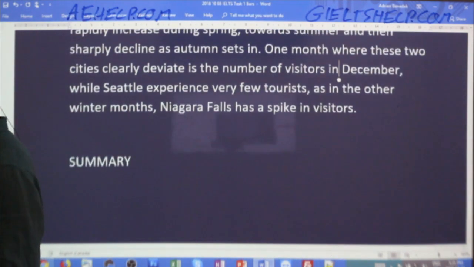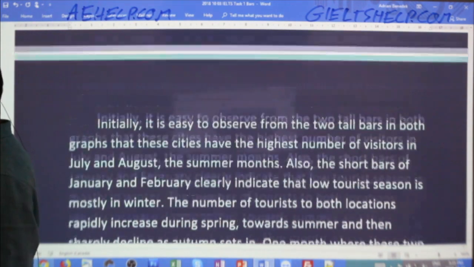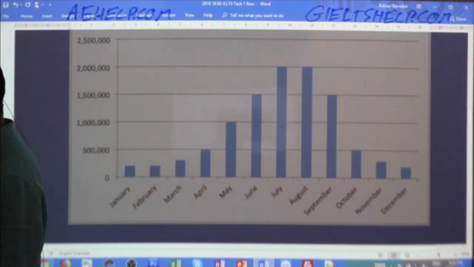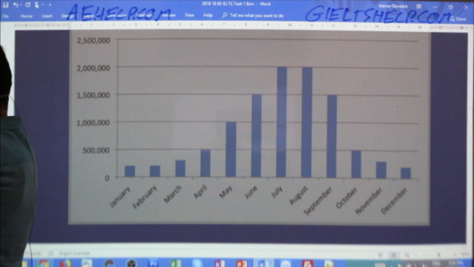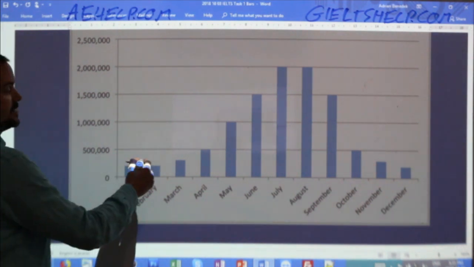Okay, so now the summary. And for the summary, I would include 2 points here, keeping them very simple. Okay, again, a little bit of planning goes a long way. So for the summary, I would talk about 2 points. Remember, we left this for the end.